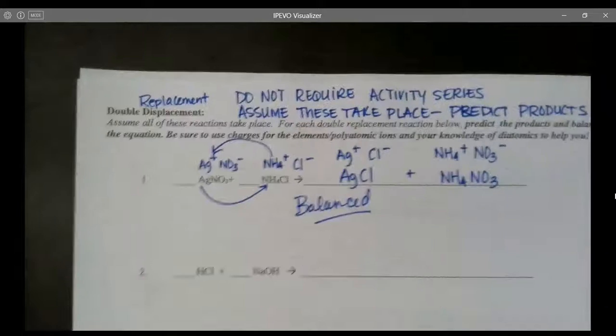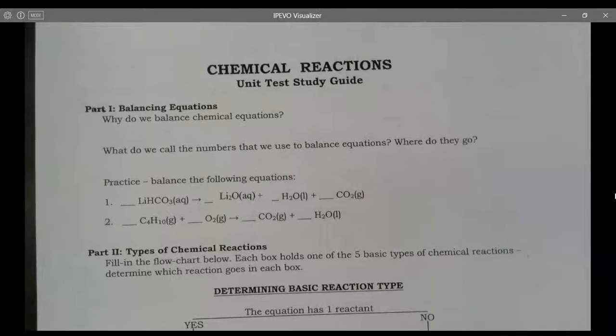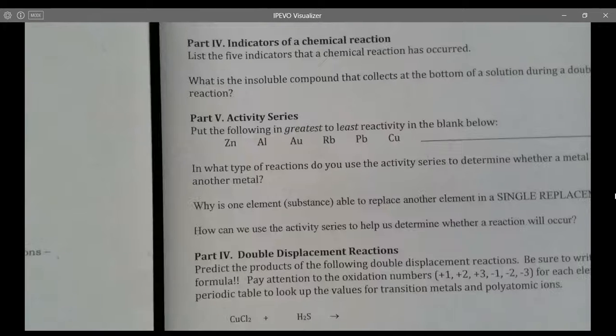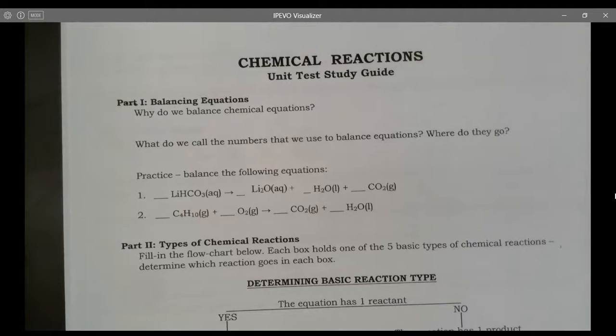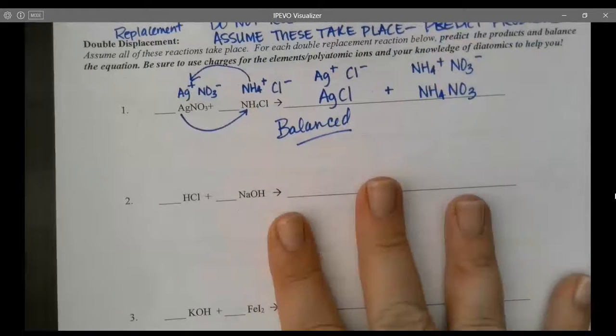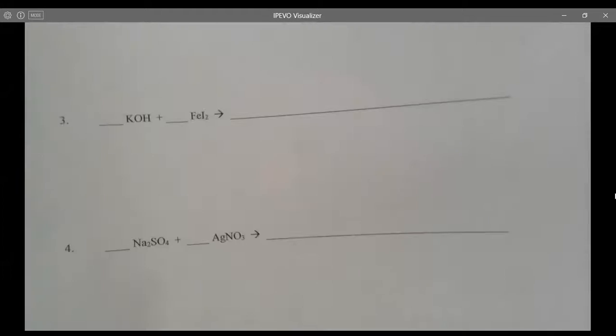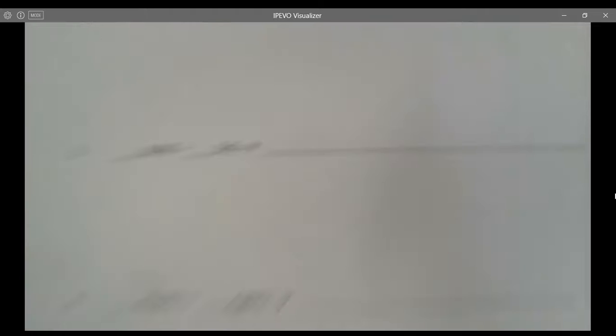And then I want you to go to your chemical reactions study guide, which is just 1.5 pages. And I want you to work on those for your homework for the next class. So we have a double displacement page where you're going to work on 2, 3, 4, 5, and 6. So that's 5 problems.